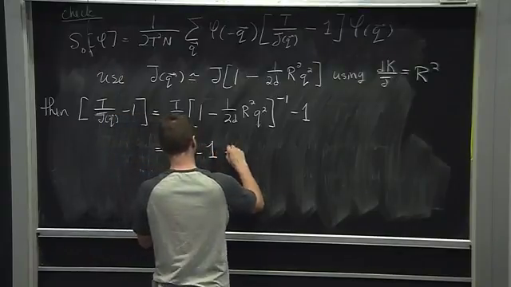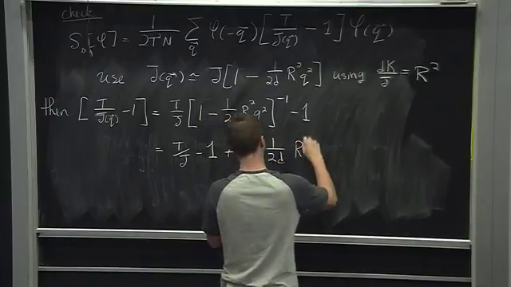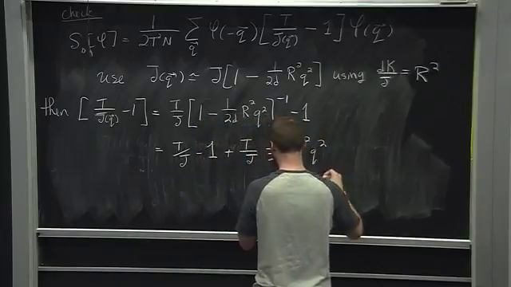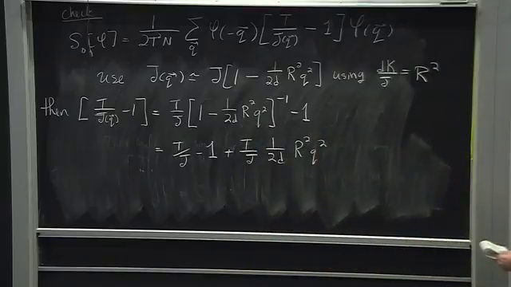Just expanding this out. Okay, like that. So near the critical point, I'll replace j with, what do we want to do here?